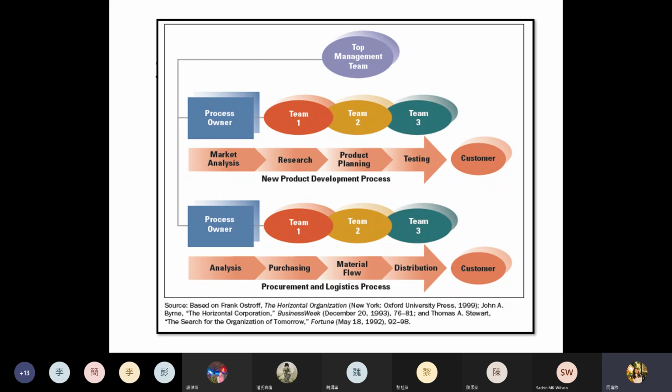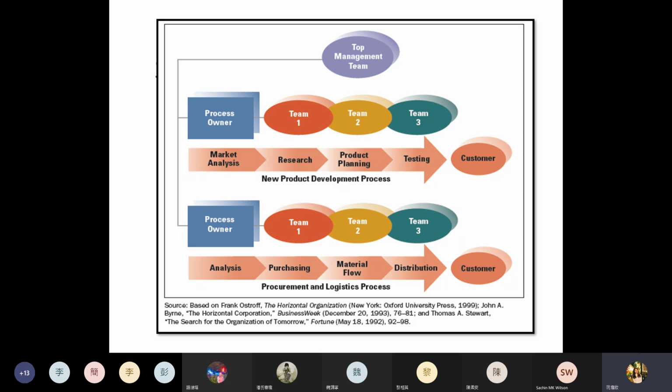So you can see here we have two processes. The first one is the new product development process, and the second one is the procurement and logistics process.